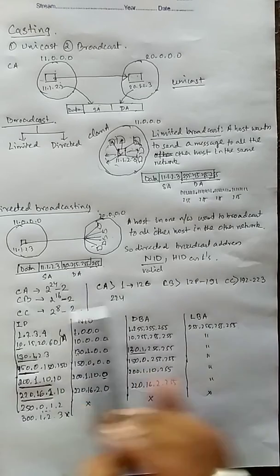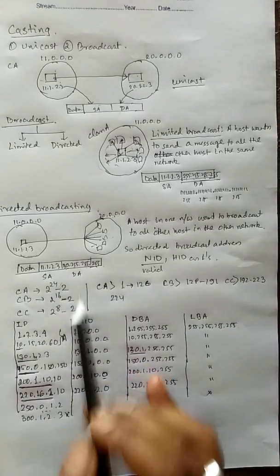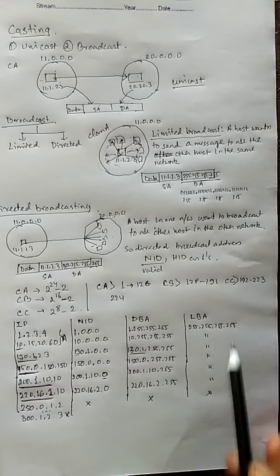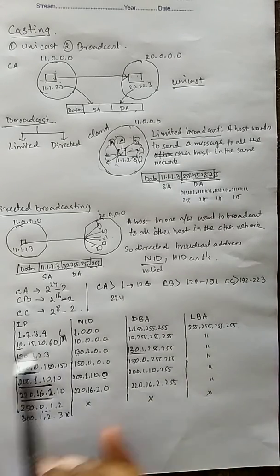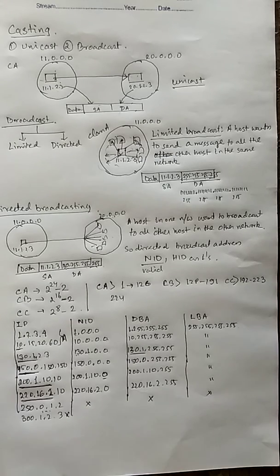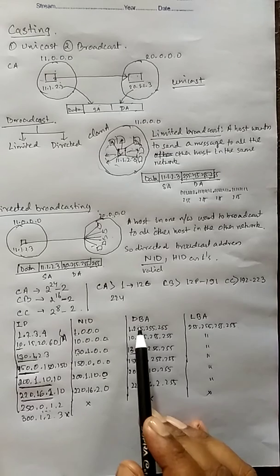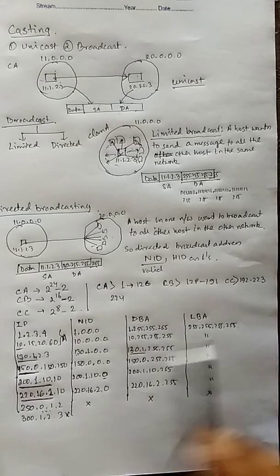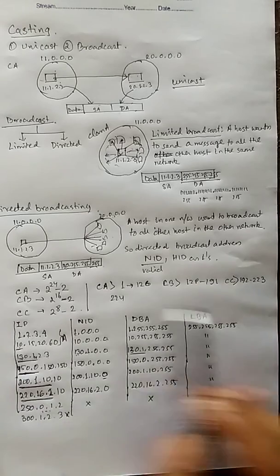These are the ranges of available IP addresses that you can configure. This is the range of IP addresses, and this is a table from which you can surely understand how, if an IP address is given, you can find the network ID, directed broadcast address and limited broadcast address. Let us revise one thing.